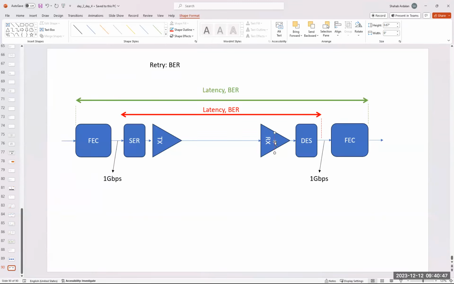For example, PCIe or even CXL, they rely on it. But in terms of showing latency associated with the retry, I think it's difficult to define, because you don't know how many times you want to retry it to get to the error rate that you want.